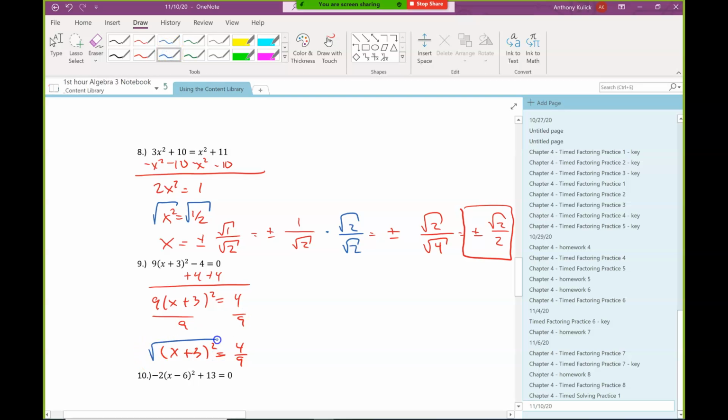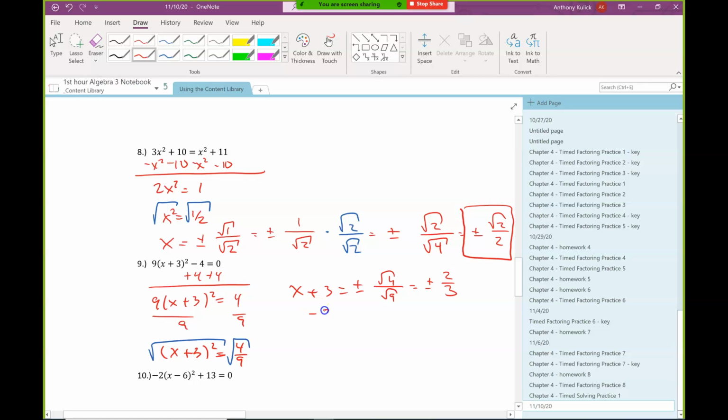And then we'll square root both sides. Because we square rooted both sides, that creates a plus or minus. And because it's the square root of a fraction, I'm going to have the square root of 4 over the square root of 9. And that simplifies down to just 2/3.